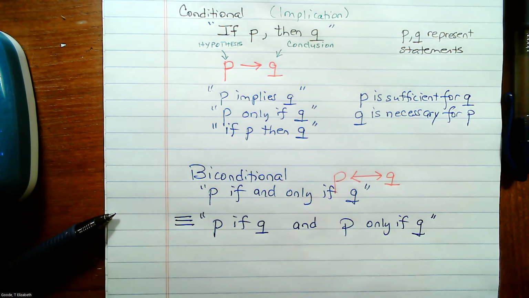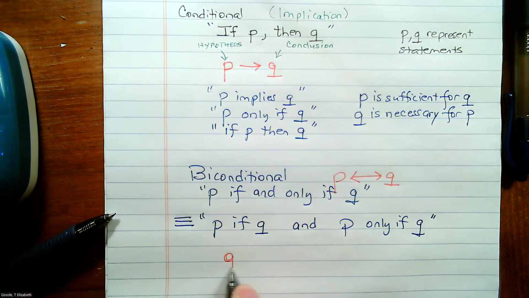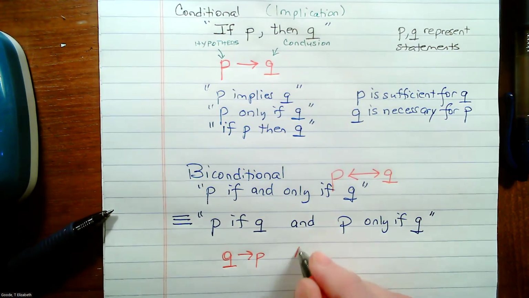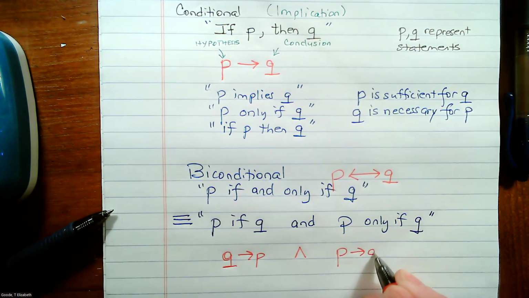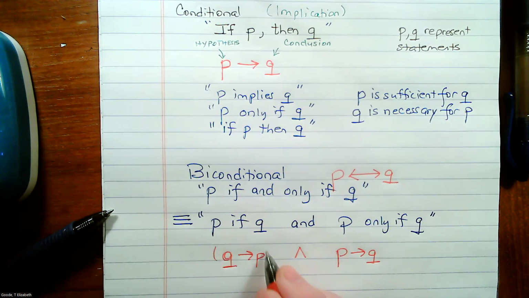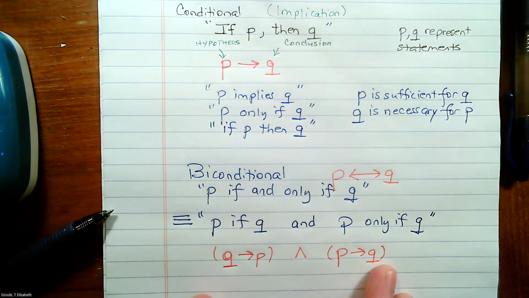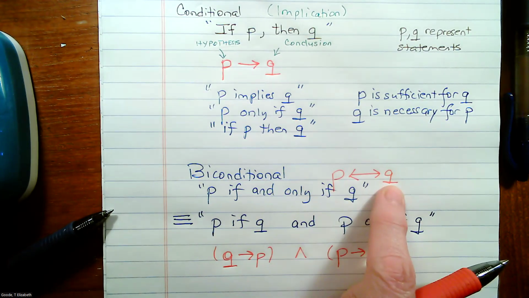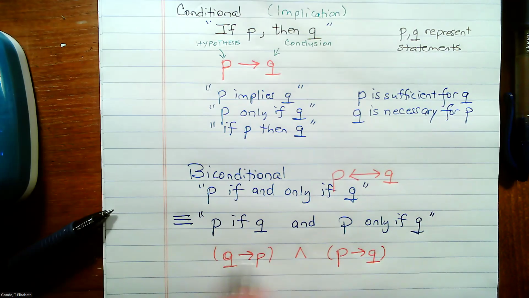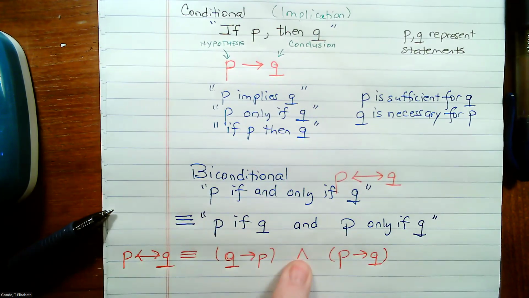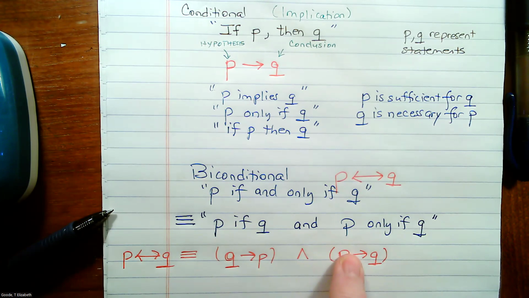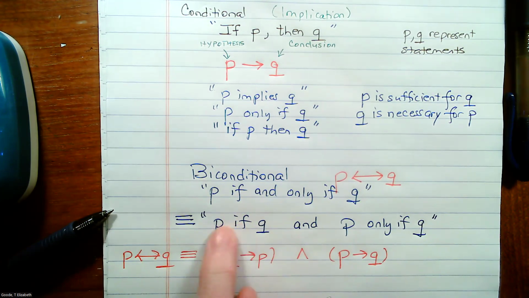So notationally, P if Q, that means P will be true if Q is true, is Q implies P. And P is true only if Q follows, is P implies Q. So technically, the actual symbolic definition of P if and only if Q is both P implies Q and its converse.